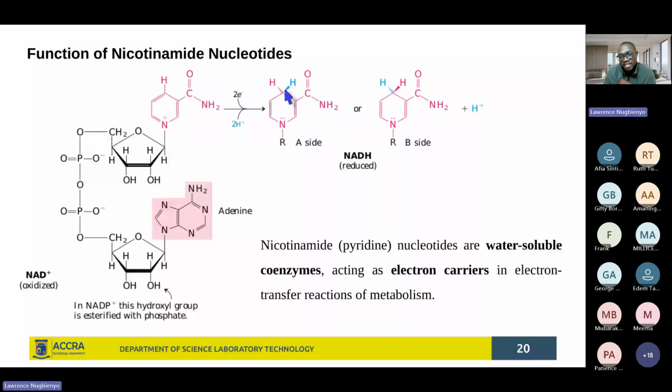Now here, you pay attention. It's telling you that there is an A side and there is a B side. If you are looking at the molecule in 3D, it has a front part and a back part.